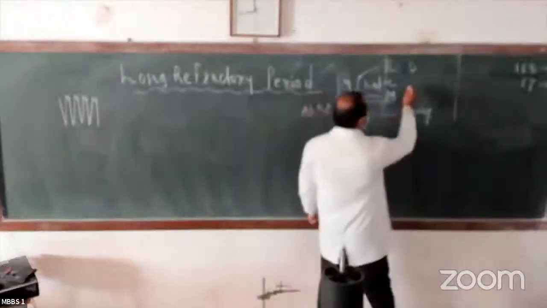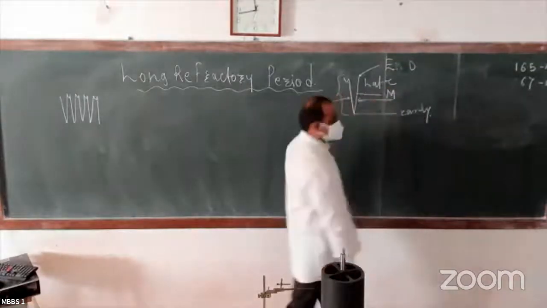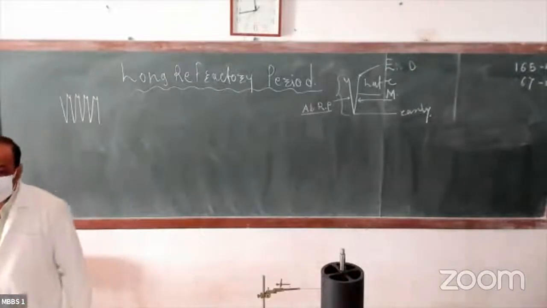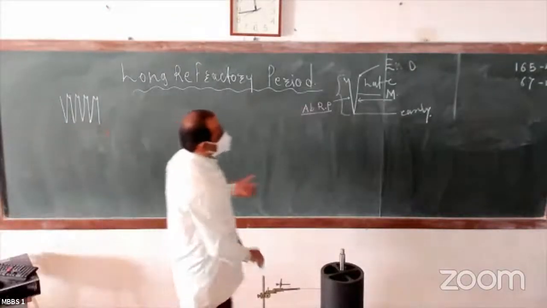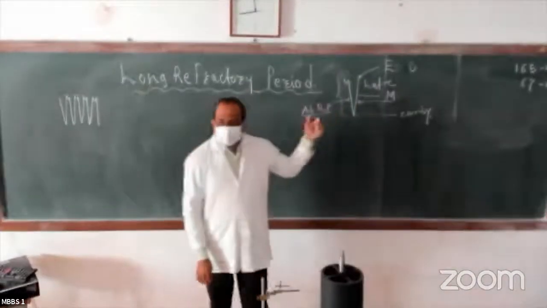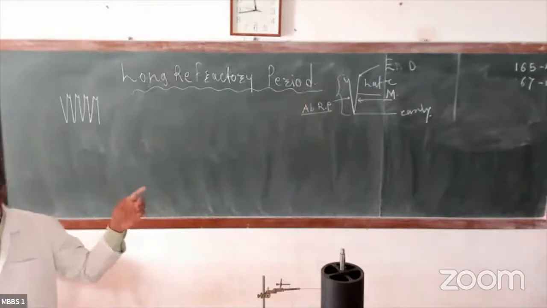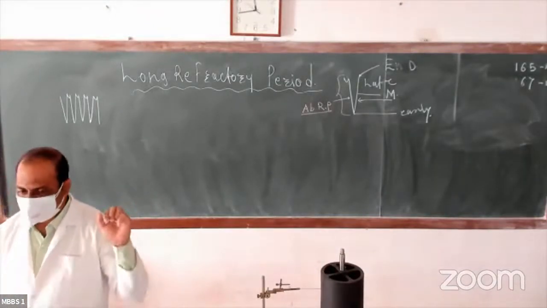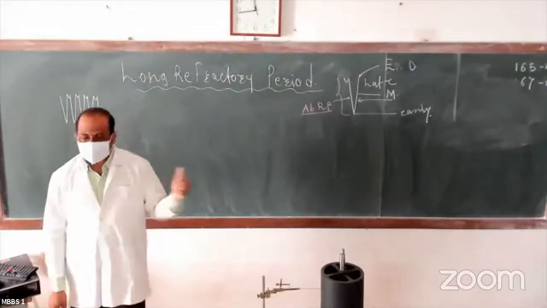While in case of diastole, the whole diastole is relative refractory. But it is said that only the last one third part of the diastole is relative refractory. Practically, we can't say it in such a way. Practically, diastole is a full refractory. That we are going to discuss. Is it clear? That we are going to discuss.